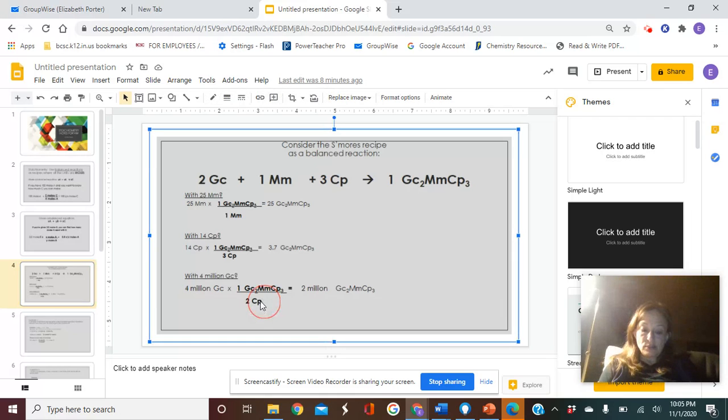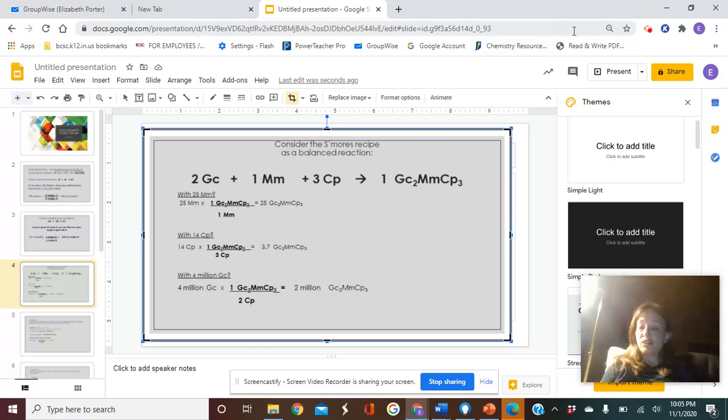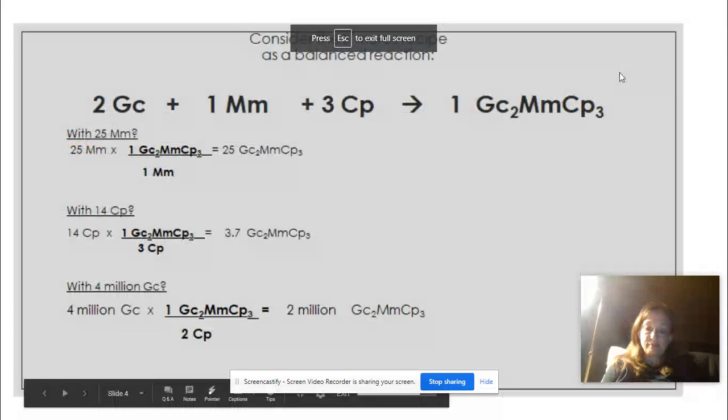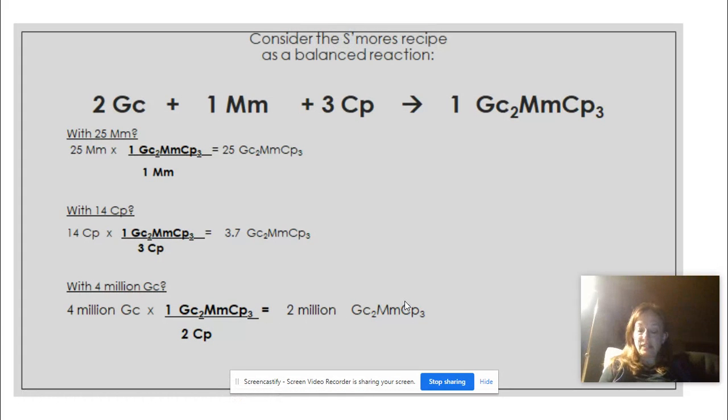It won't let me because I copied and pasted it from something else. That's really unfortunate. That should say GC. You'll just have to bear with me. The GCs will cancel and I will get 2 million s'mores. Okay?